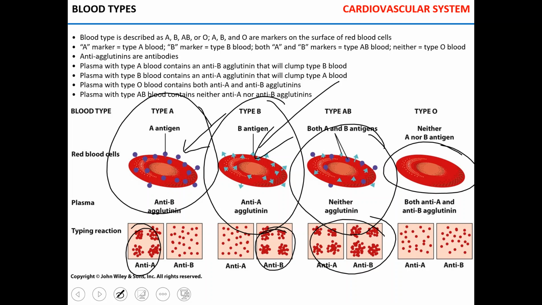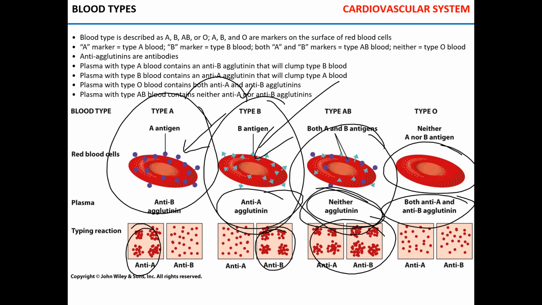So the blood of person with type A contains antibodies against B. Blood type B contains antibodies against A. Blood type AB contains no antibodies at all. And type O contains both anti-A and anti-B agglutinins.